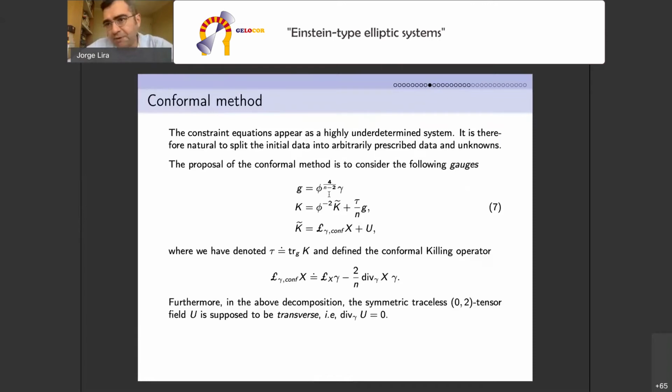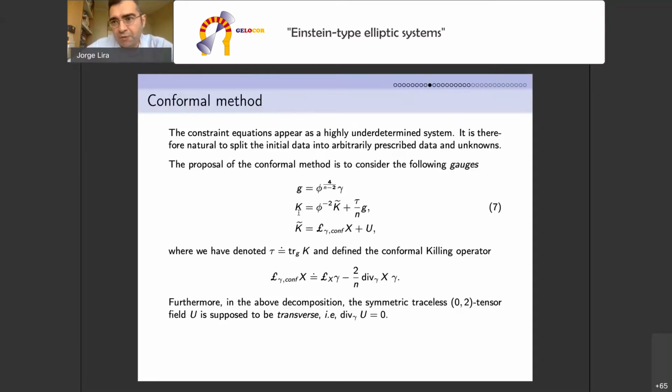You deform gamma by conformal changes of metric, as expressed in this first equation 7. You want to find this metric g that satisfies the compatibility equations, the constraint equations, but g is given as a conformal deformation of gamma, and you choose the particular aspect of this conformal deformation in order to link this problem with the Yamabe problem. So phi is the conformal factor you want to find.